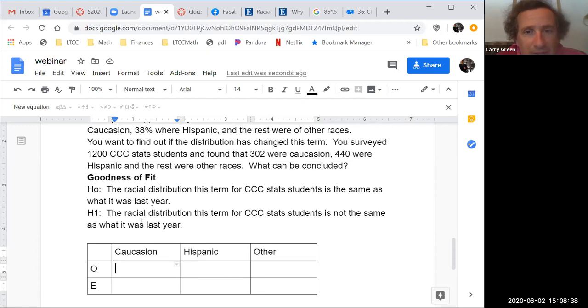Okay, the observed are very easy, 302, 440. How do we find the other? So what's the other? How do you find it?